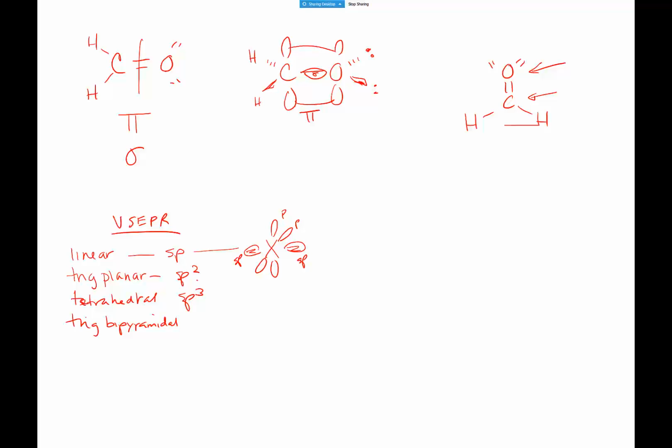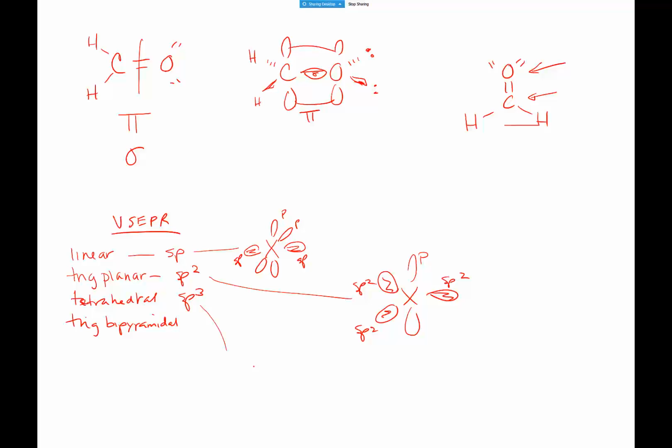For sp2, what does an sp2 hybridized atom look like? It's going to have one, two, three hybrid orbitals, and then it's going to have the unhybridized p. And so those three sp2 hybrid orbitals are in the plane. So any sp2 hybridized atom looks like that.